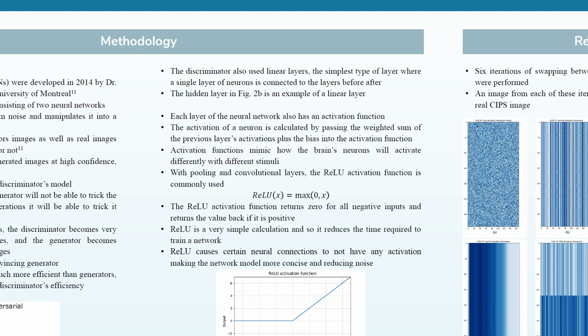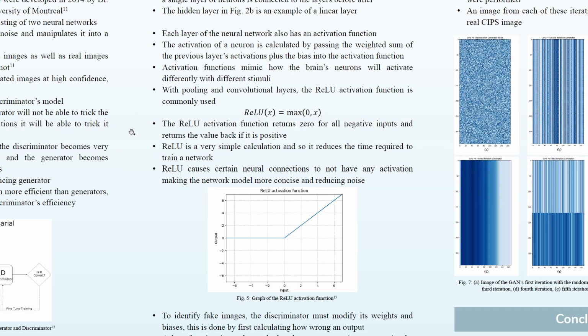And so you take that weighted sum plus the bias, the value of the neuron, and you pass it through a certain type of activation function. These functions were designed to kind of mimic how the brain's neurons will activate with different stimuli. And it's kind of interesting to see that it's mimicking something biological, and it actually works quite well in a computational sense.